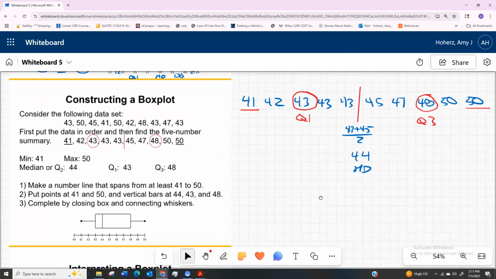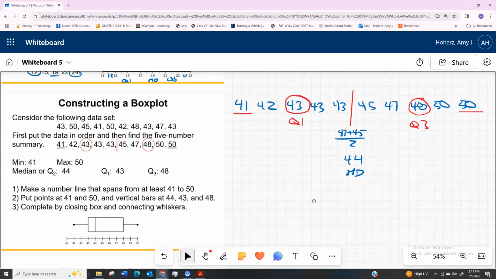So if we're going to write out the 5-number summary, we have a minimum of 41, Q1 of 43, median of 44, Q3 of 48, and then a maximum of 50.